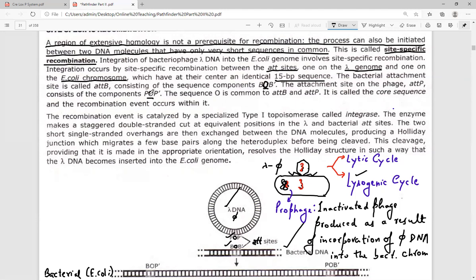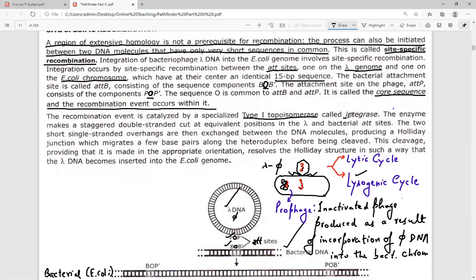Now the recombination is going to take place. The sequence O is common in the attachment B and the attachment P site. It is called the core sequence, and recombination only occurs in this particular sequence. The recombination event is catalyzed by a specialized type 1 topoisomerase, commonly referred to as an integrase.